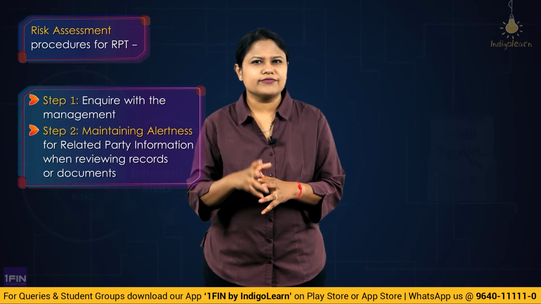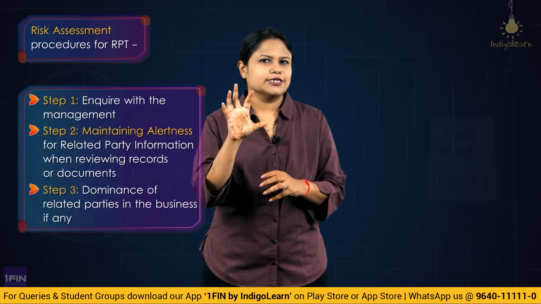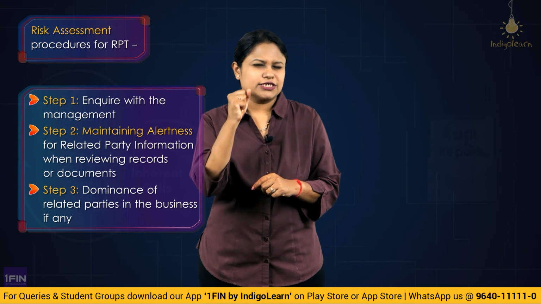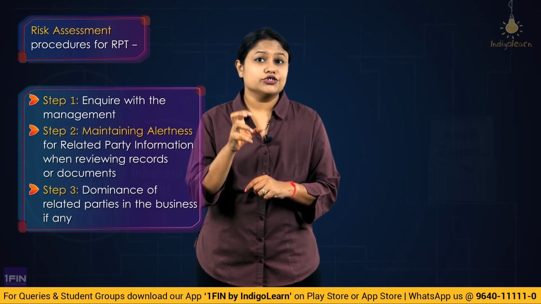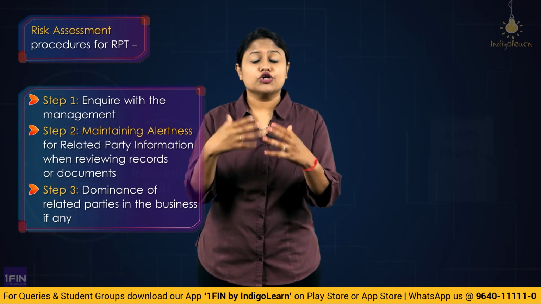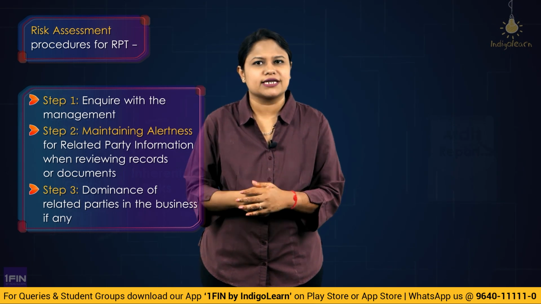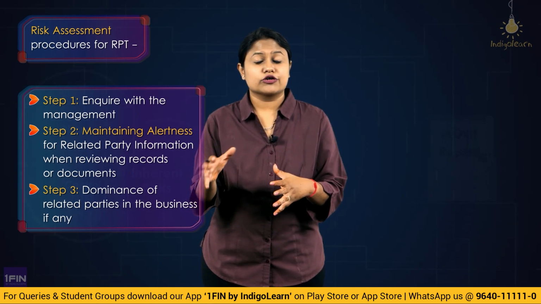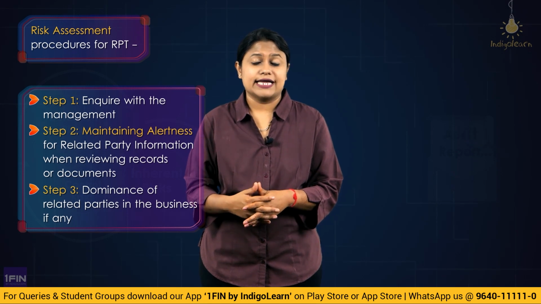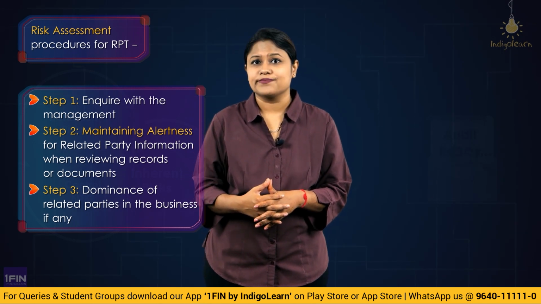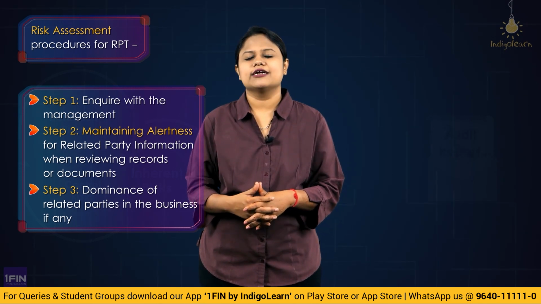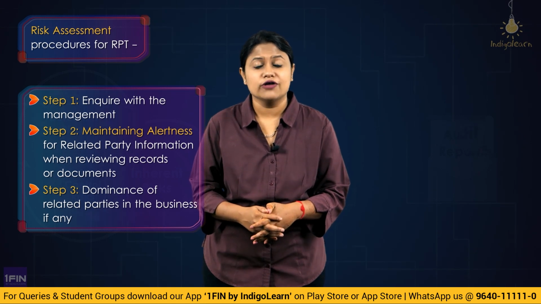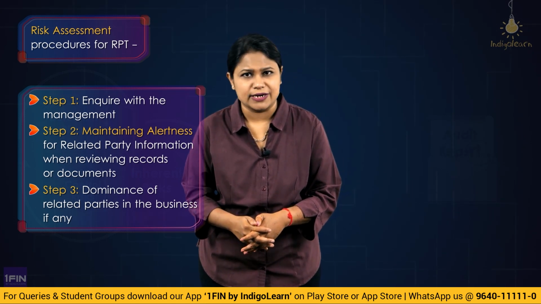Then you will also see that if there is a group of people or a particular person in the organization who is in the dominant position, then you should see why this person is not allowing something which is beneficial to the organization. If he is exercising his influence in a negative direction, there could be an existence of a related party and a transaction to be entered with the related party. So all of this should be considered by the auditor for the assessment of risk connected to the related party.